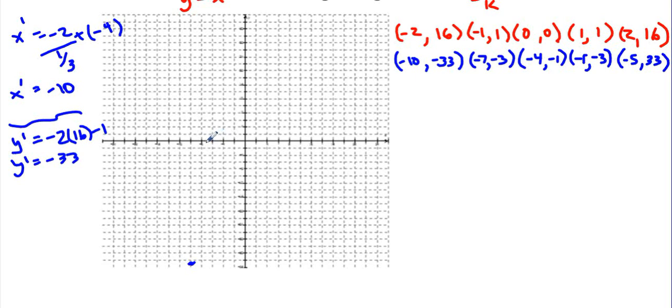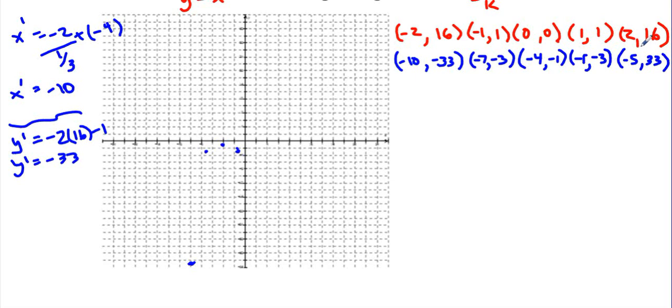There's -7 and -3. -4 and -1, and we've got negative 1 and negative 3. So, oopsie. So this should be symmetrical here. And last but not least, negative 5. So that's not right. So let's do that one again.